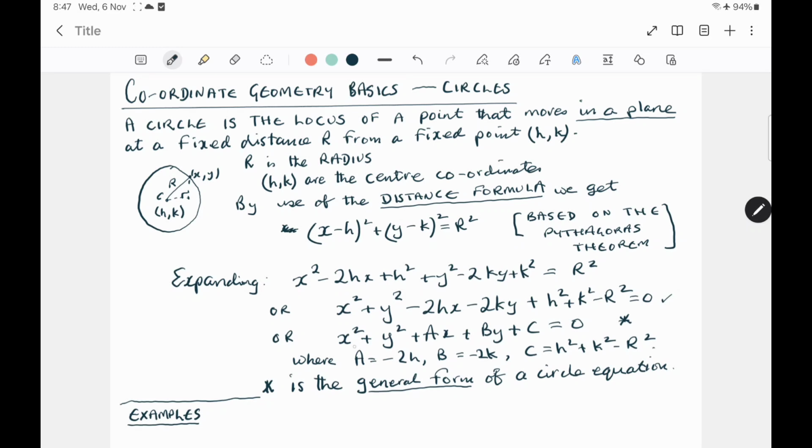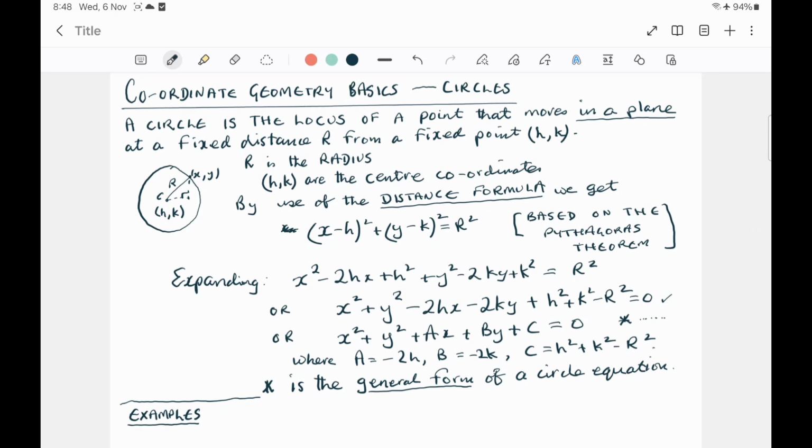And more generally, you can say x squared plus y squared plus ax plus by plus c equals 0, where I've put a equal to minus 2h and b equal to minus 2k, and c is h squared plus k squared minus r squared.